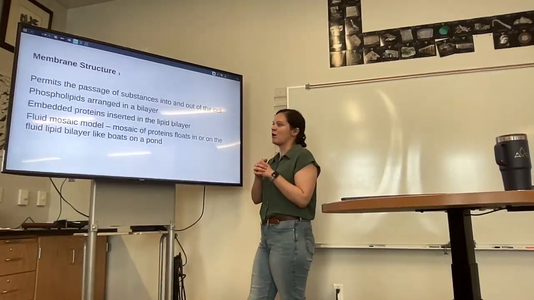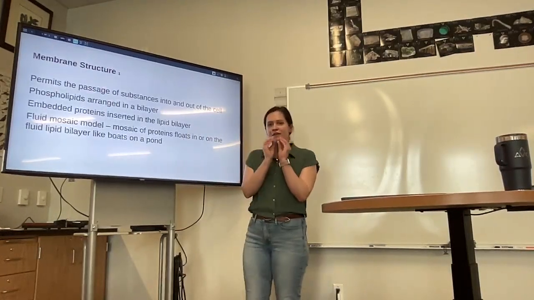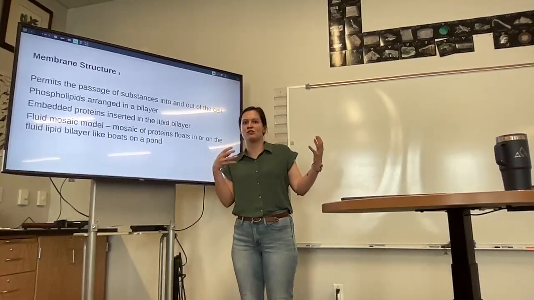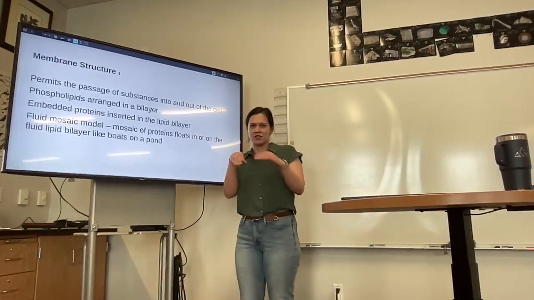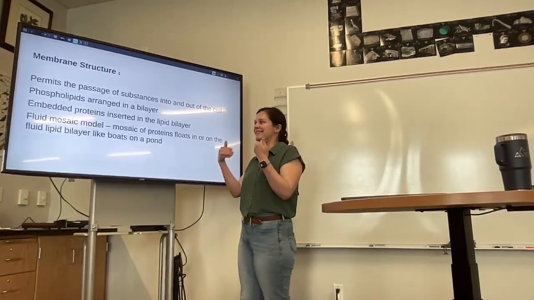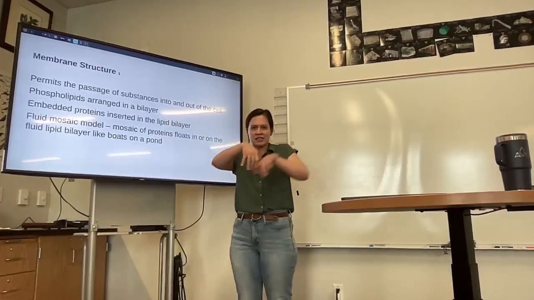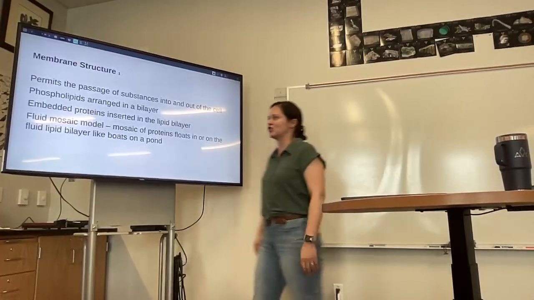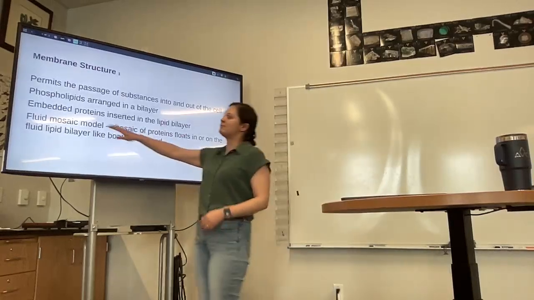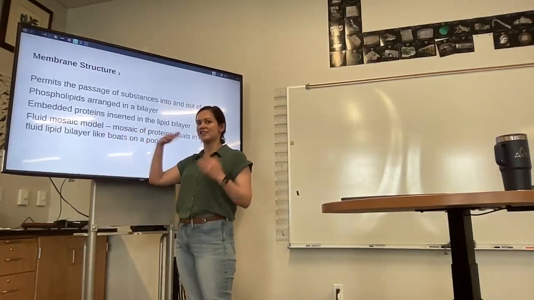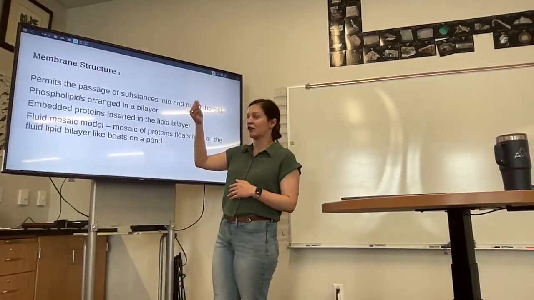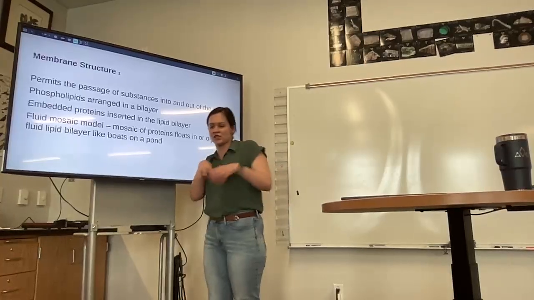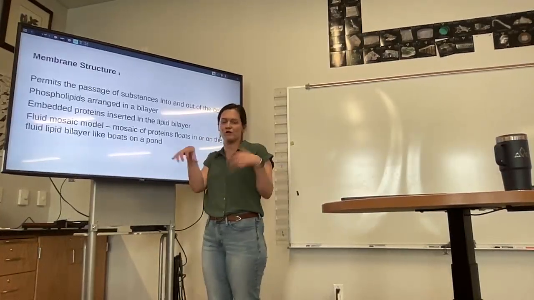The fluid mosaic model states that the phospholipids are not attached to each other or to really anything. So they're kind of bouncing around, bumping into the phospholipids next to them, constantly moving about each other. And if a membrane protein is not physically attached to the cytoskeleton or to the extracellular matrix, then those proteins are also fluid; they're also moving around.